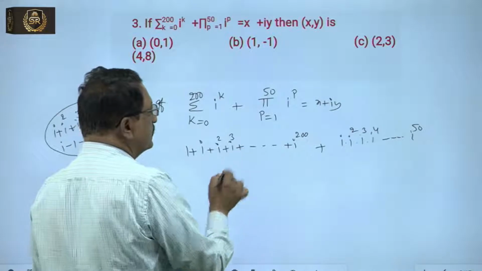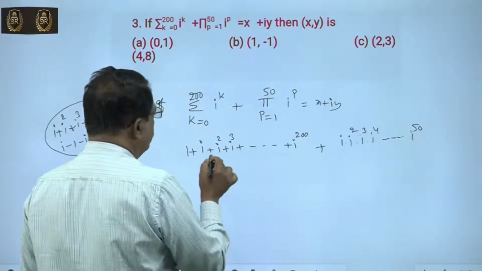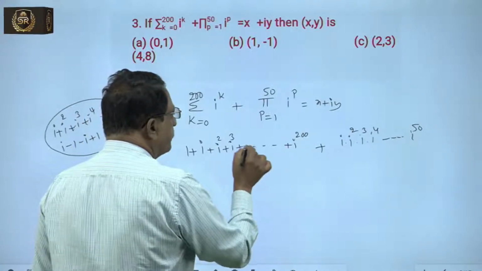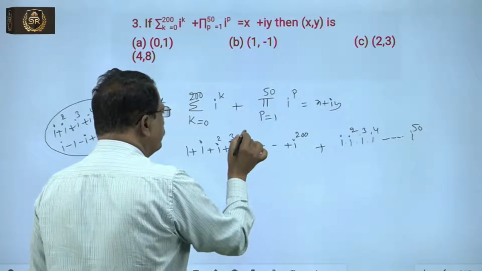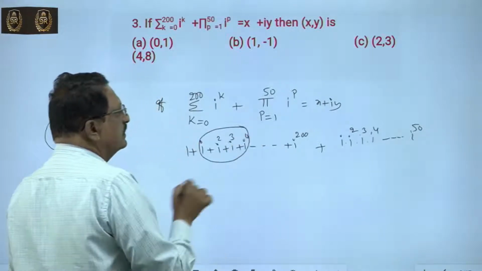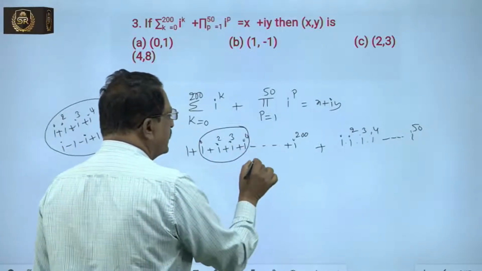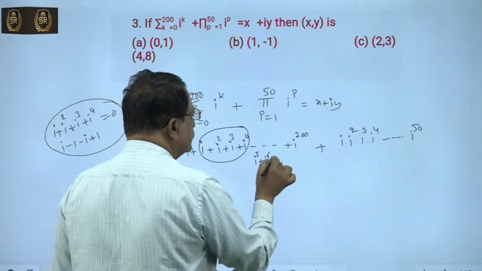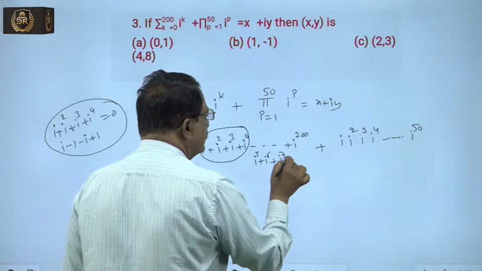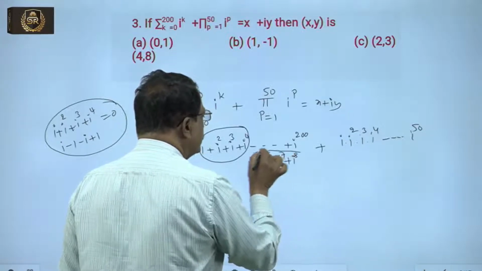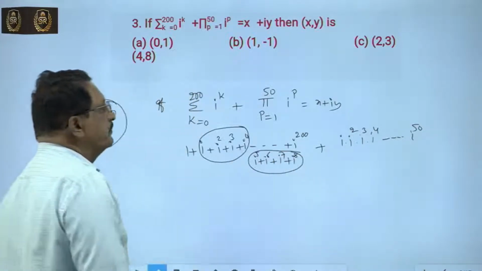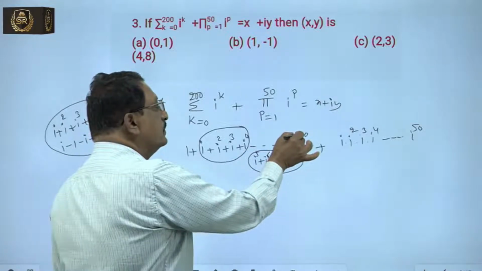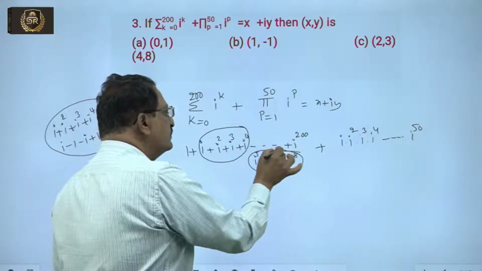Every 4 terms give 0. Similarly, i to the power of 5 plus i to the power of 6 plus i to the power of 7 plus i to the power of 8 is also 0.